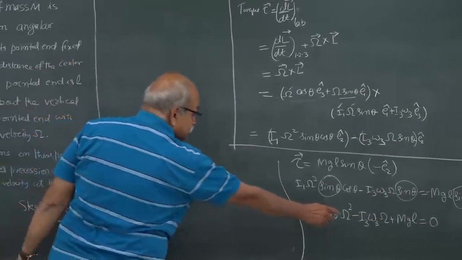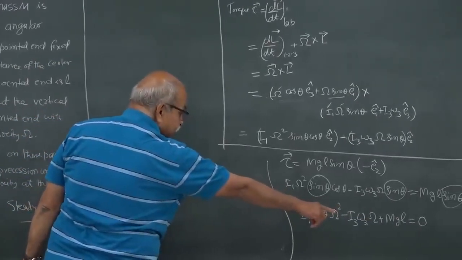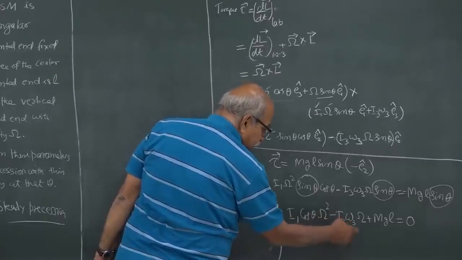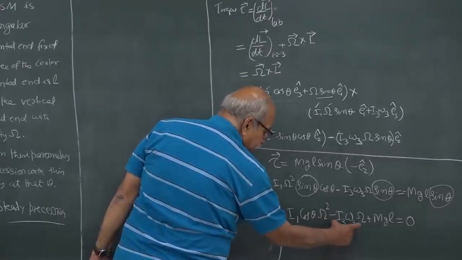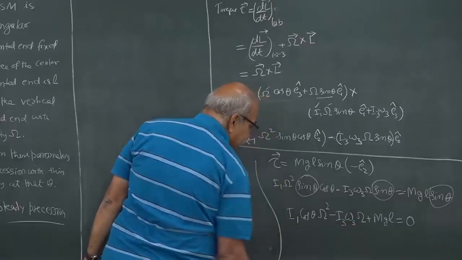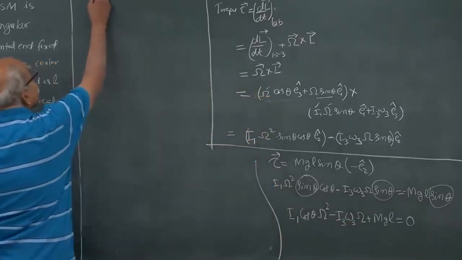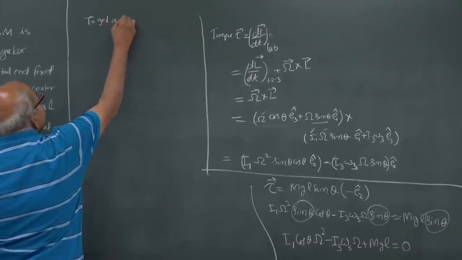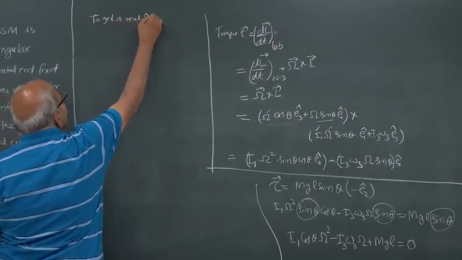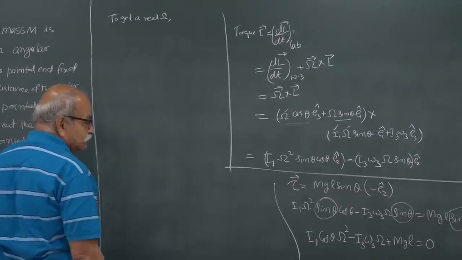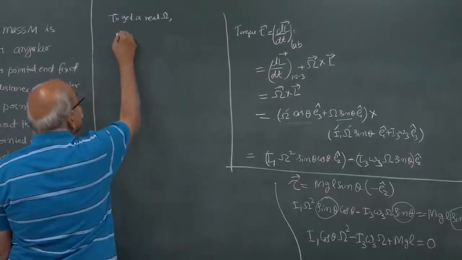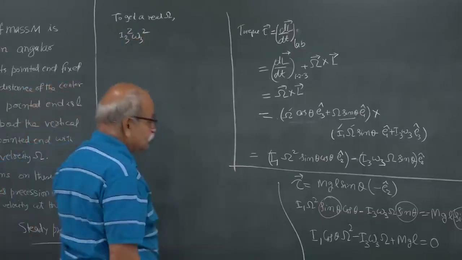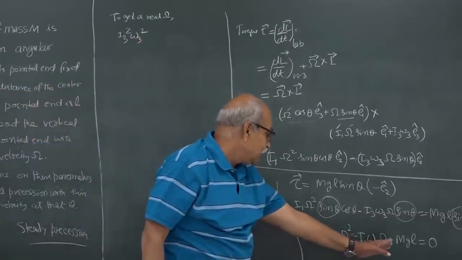The discriminant is b square minus 4AC, and I am working on this capital Omega. So, this is our b, minus I3 omega 3. So, to get a real capital Omega, I should have I3 square omega 3 square, b square, minus 4AC.